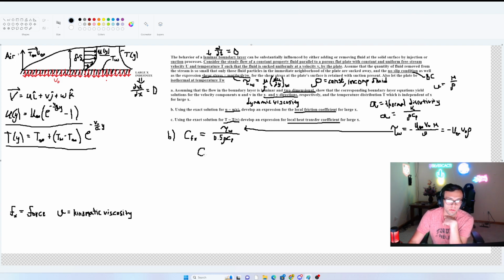So this is the local heat transfer or friction coefficient. Plugging that in, you're going to get 2 minus 2 u infinity. The rhos are going to cancel out, so it's just Cp. Right? Oh, it's positive.